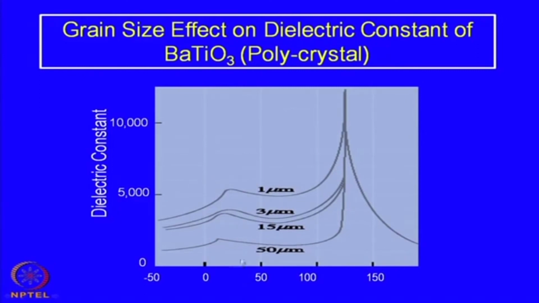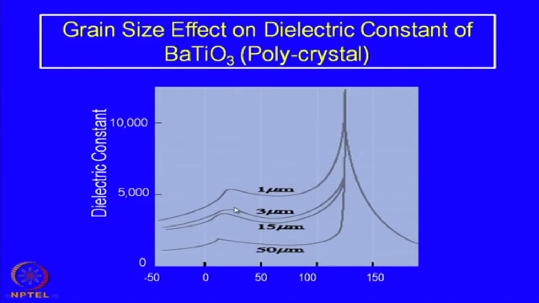Our room temperature is somewhere around 25 degrees, and it may vary up to 40 degrees or so. So, the capacitors are normally used in this temperature range, okay, somewhere here, and you can see from both sides, from this peak as well as from this peak, the tail is coming into that temperature range.